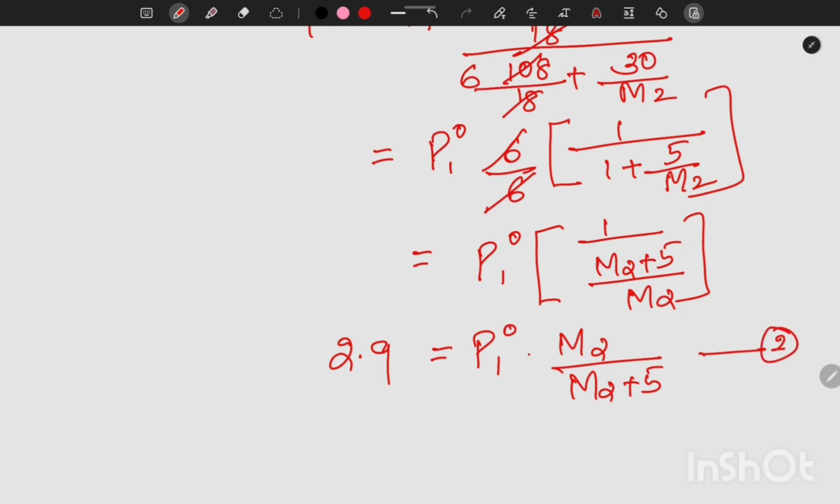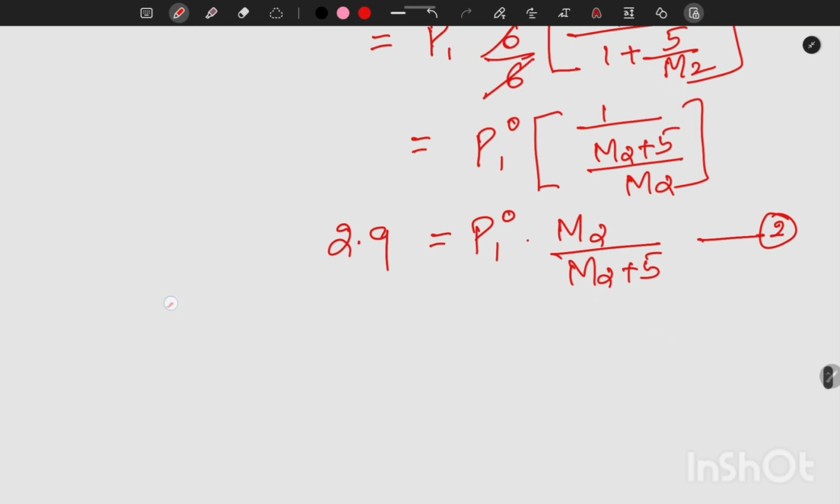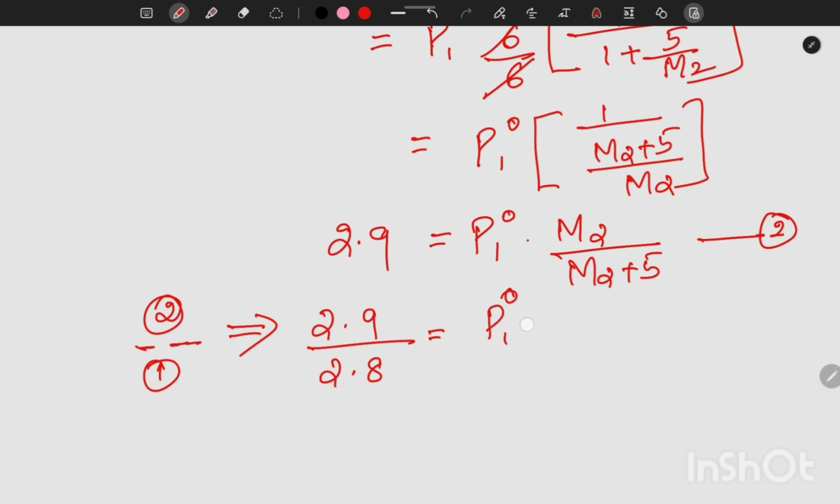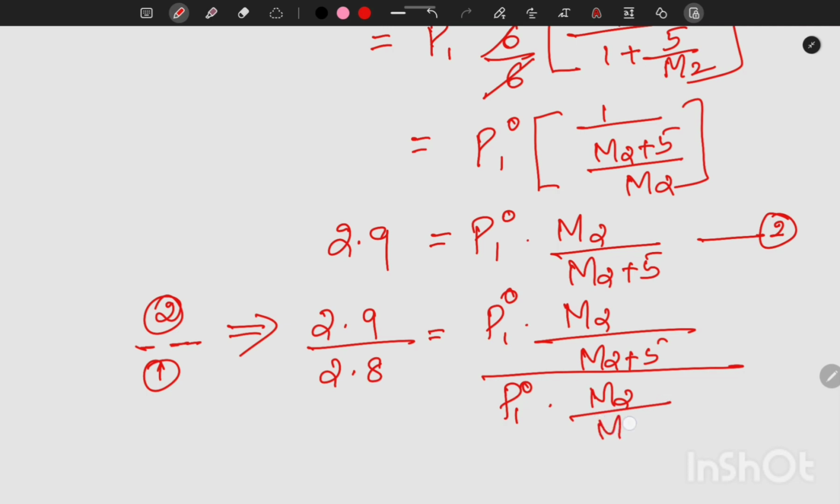Let it be equation 2. Now let us divide equation 2 by equation 1. That implies 2.9 by 2.8 is equal to P1⁰ into M2 by M2 plus 5 divided by P1⁰ into M2 by M2 plus 6.